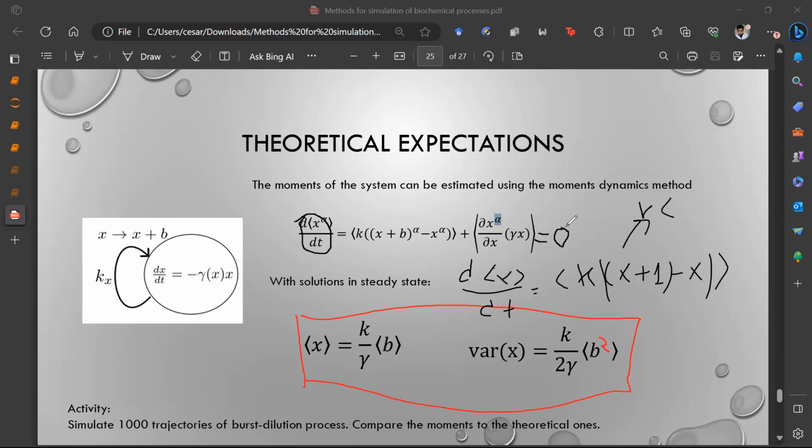This is simply the expected value k, expected value of x, and plus derivative of x is 1 minus gamma x. Oh no, sorry. This is k. This is only k because x and x cancel out.